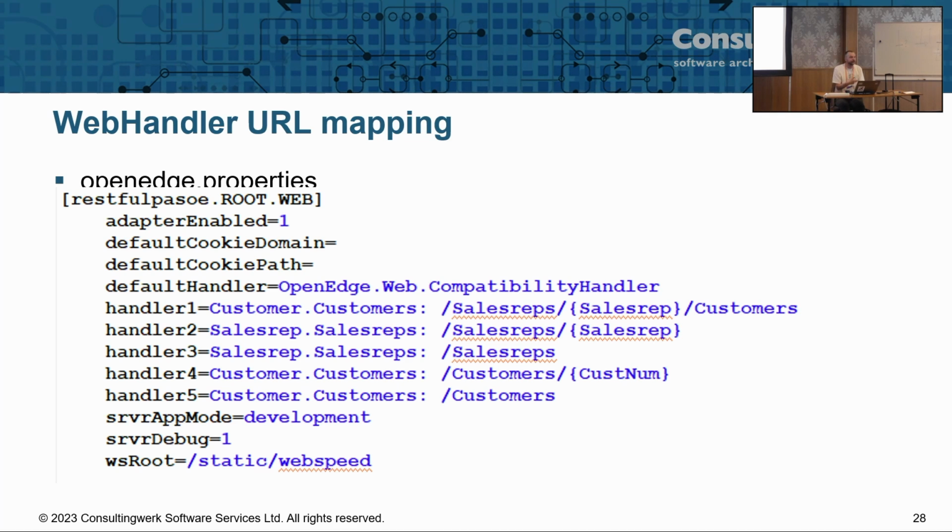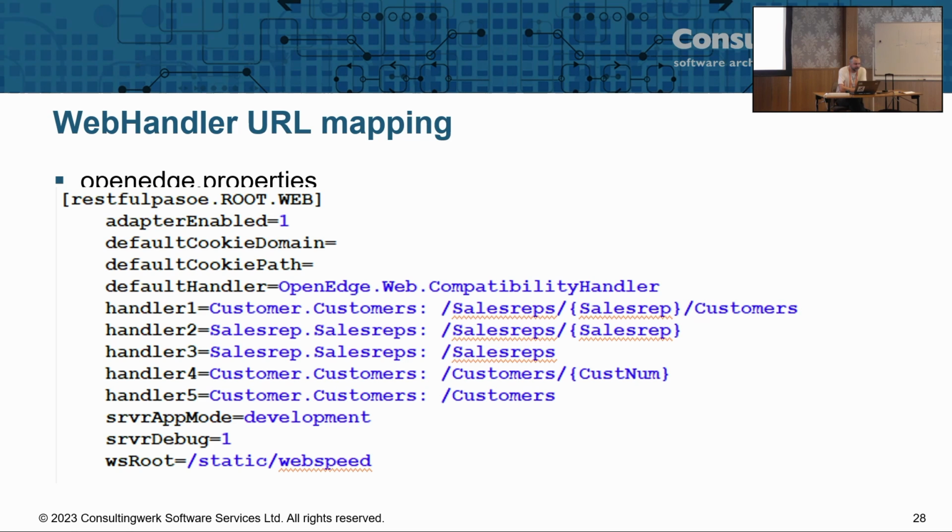But you can define in this properties file things for all the transports. So we see here the default handler, the OpenEdge Web Compatibility Handler for WebSpeed. I fairly rarely do something with that. And then you see handler 1, handler 2, handler 3, handler 4, handler 5.